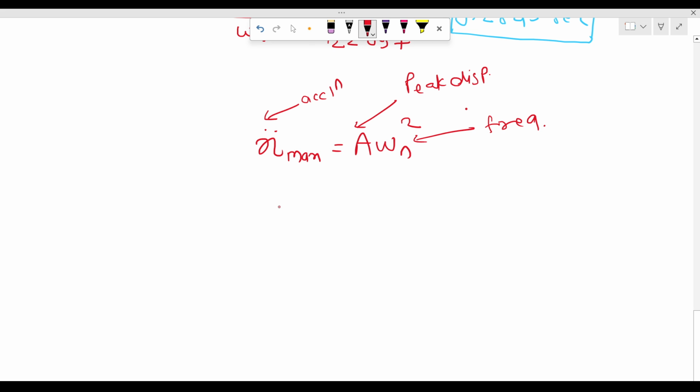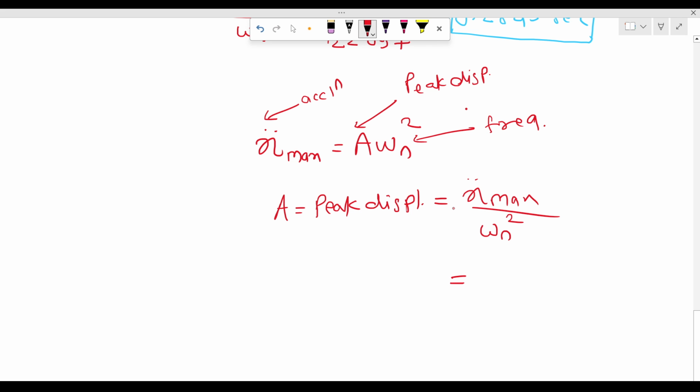So I can write a, that is peak displacement, equal to x double dot max upon omega n square.